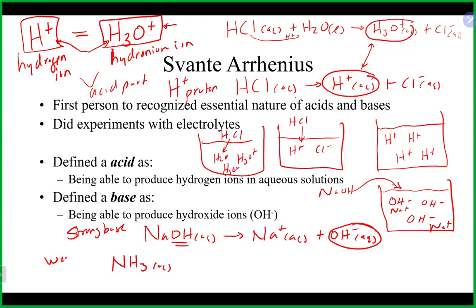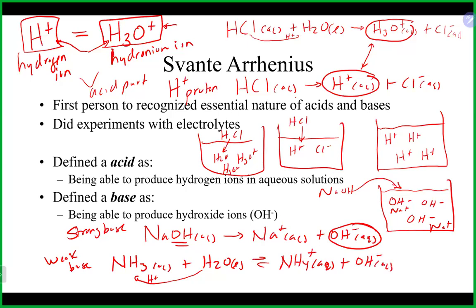Ammonia is actually a weak base, and it doesn't have hydroxide in its formula. But what it can do is basically suck an H plus out of water. When it does so, it will create NH4 plus, which is the ammonium ion, and produce hydroxide.